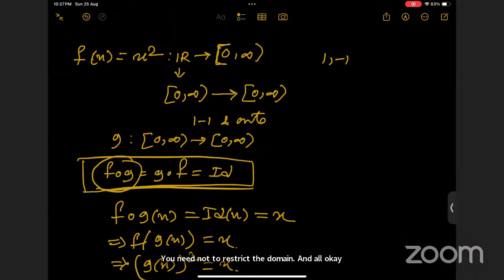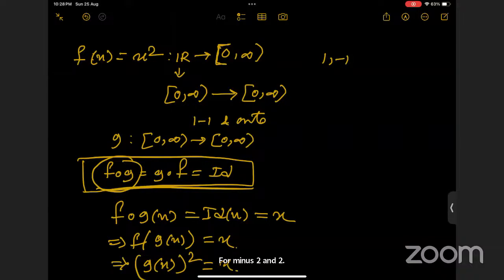Okay. This was just for example. If you hadn't modified the R here, then it's not one-one, because for 1 and -1, suppose, and for -2 and 2, both will have image 4, right?